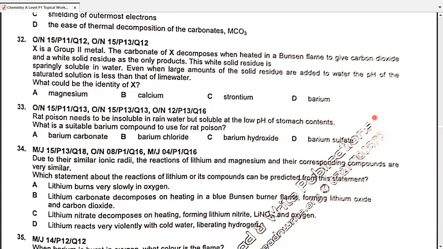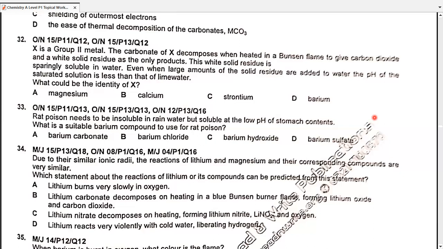The white solid residue is sparingly soluble in water, which is magnesium. Even when large amounts of solid residue are added to water, the pH of the saturated solution is less than that of lime water. Since it's sparingly soluble in water, I think it's magnesium. A. You're right. Number 33.